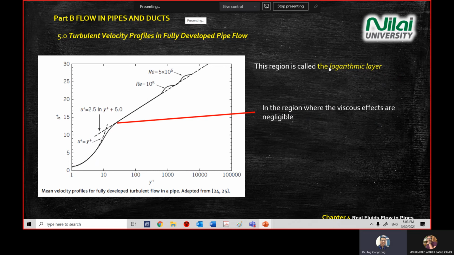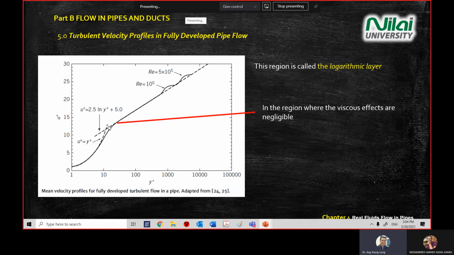And then there is a region where you use a log line, because in this region there is an equation in the graph, U plus equal to 2.5 ln Y plus 5.0. This equation is a log equation, so we call this the logarithmic layer.